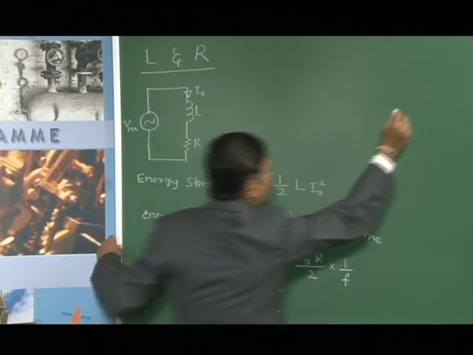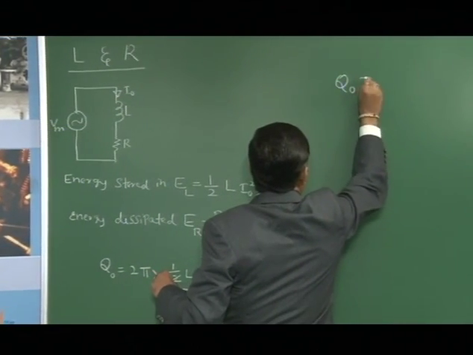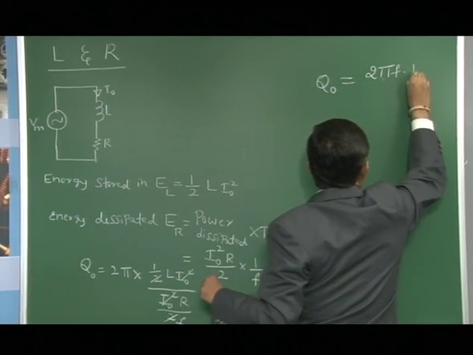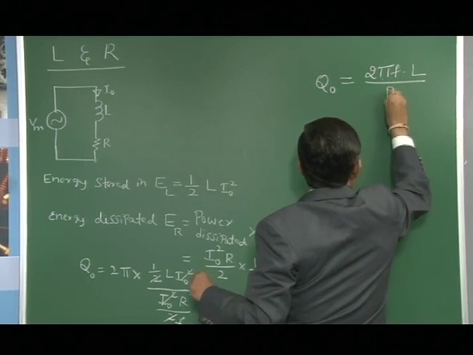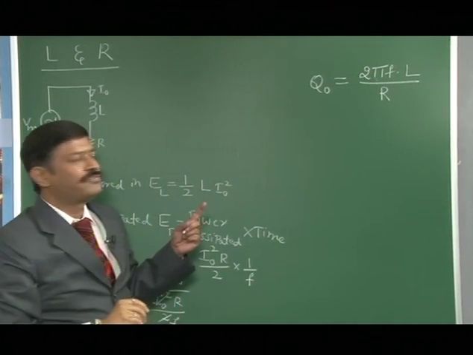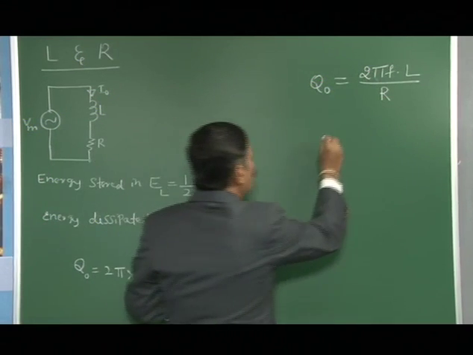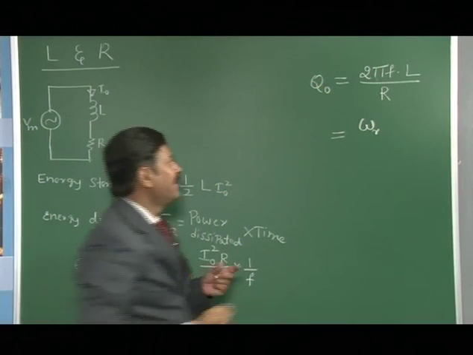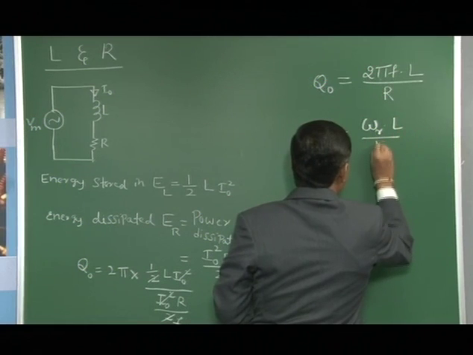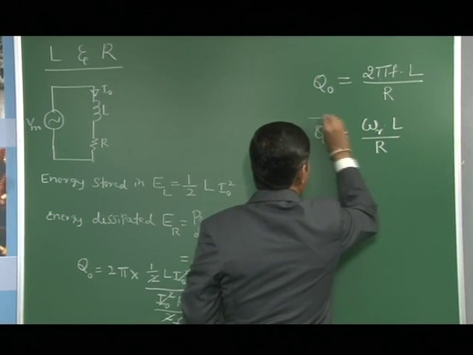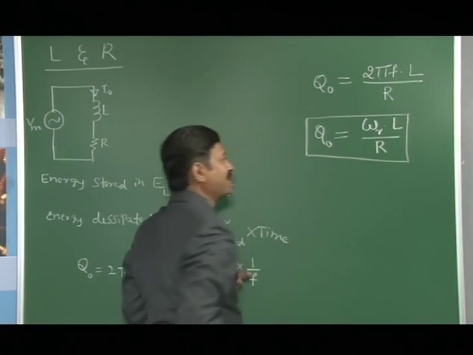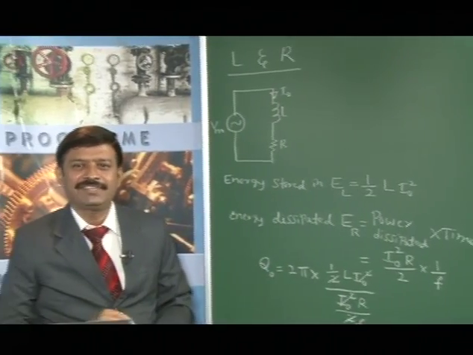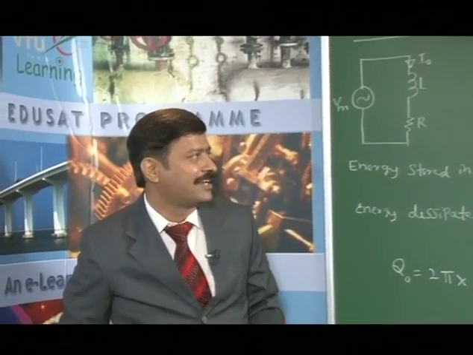Finally, your expression will become Q naught is equal to 2 pi F into L by R. So 2 pi F I will call omega R, the resonating frequency, into L divided by R. This is one of the expressions for Q factor. Q factor is used to check the quality of the series RLC circuit.